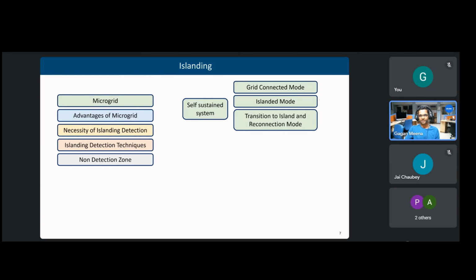So, what do you recall? What are the necessities for islanding detection? Why do we need to go for islanding detection? So any of you do you remember?